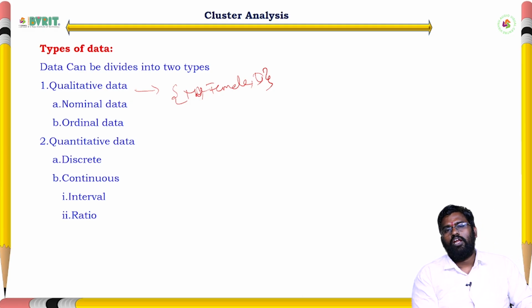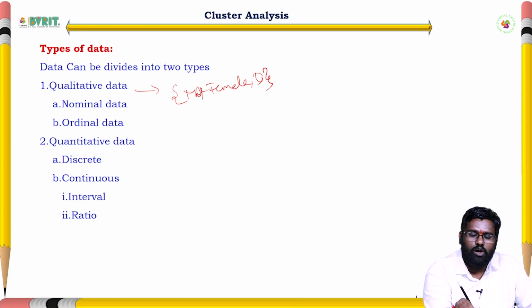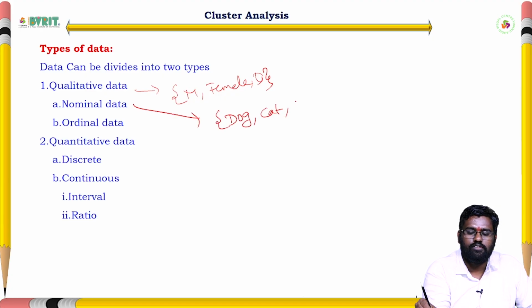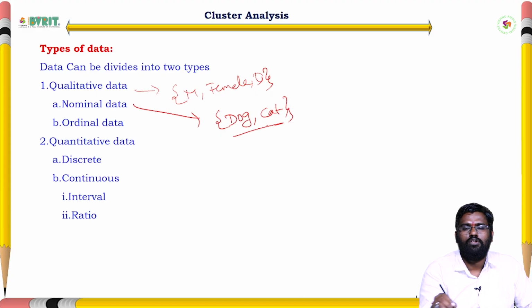Nominal data and ordinal data. Nominal data means the data is not in an ordered format. For example, nominal data is in unordered format, like dog, cat, and so on. These don't need to follow any order.